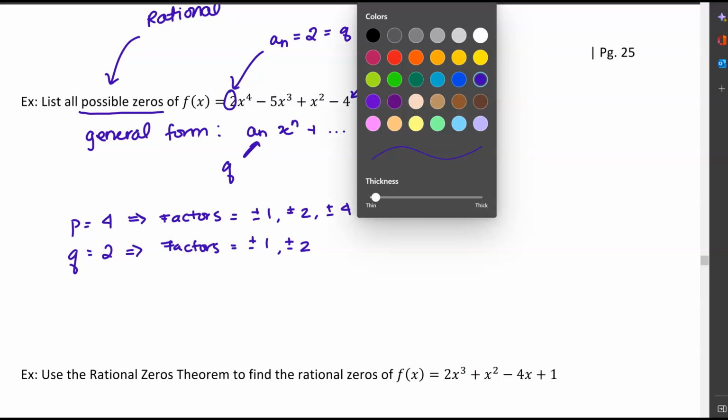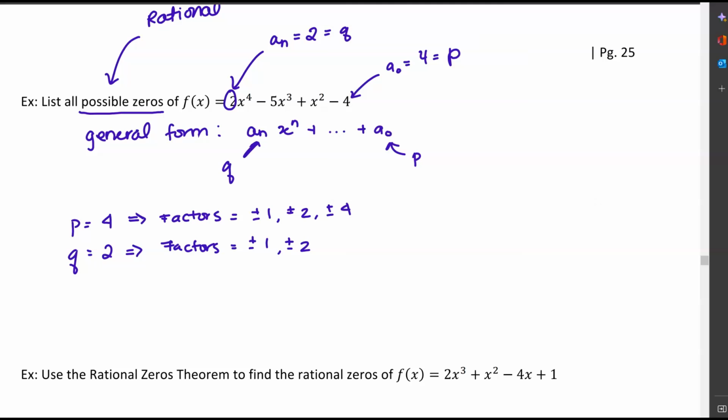So now that I got the factors of both our p and our q, we're really looking at the fraction possibilities, p over q. Okay. So then we're going to get the plus or minus. We'll just add that to the front. But what are our possible combinations? Well, I could have 1 over 1, using this one and this one. But then I could also have 1 over 2.